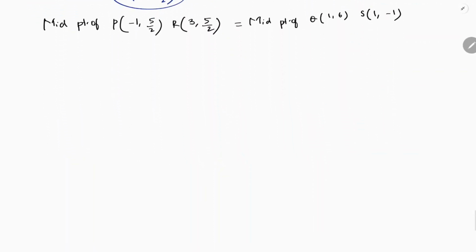I need to prove these two midpoints are equal. If they are equal, then you can say the diagonals bisect each other.